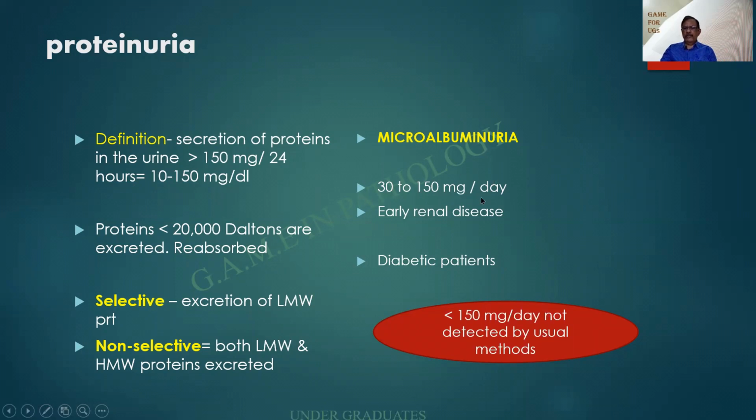This is also albuminuria only, but as I told you, the normal test will forgo this. There is an increase in the microalbumin in the case of early renal disease and in diabetic patients. Less than 150 milligrams is not detected by the usual methods. Please learn this chart by heart.